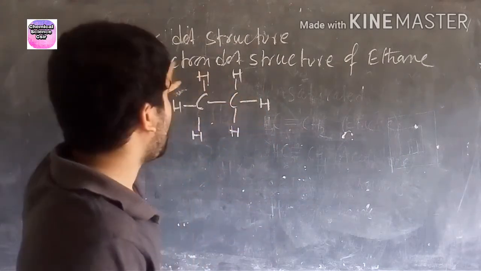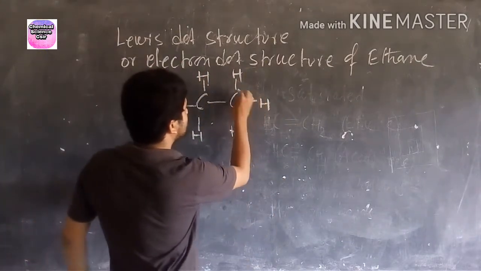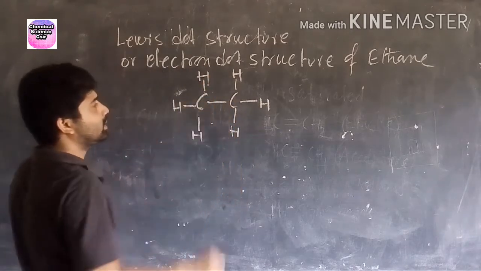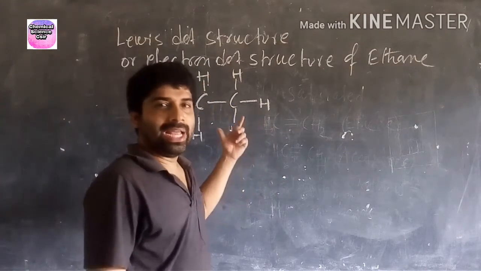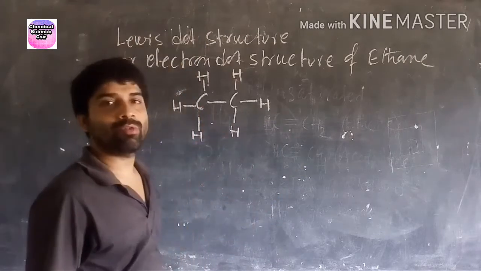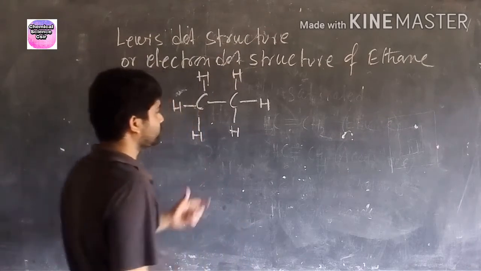So first see how many electrons are present in this compound: 1, 2, 3, up to 14. There are 14 bonding electrons.